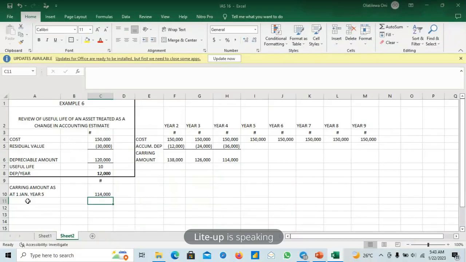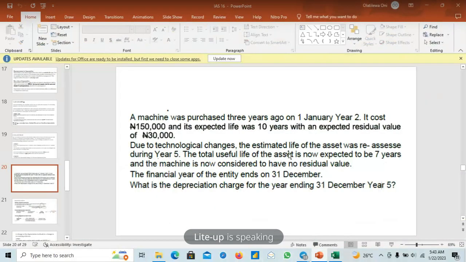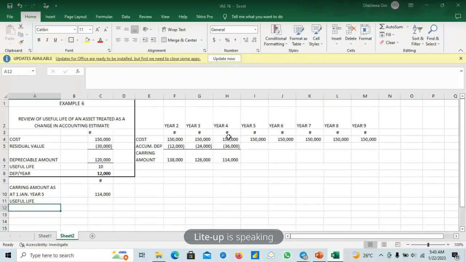So we're going to now be saying useful life henceforth. According to this question, the total useful life of the asset is now expected to be 7 years. That is the 3 years it has been used before, and subsequently.